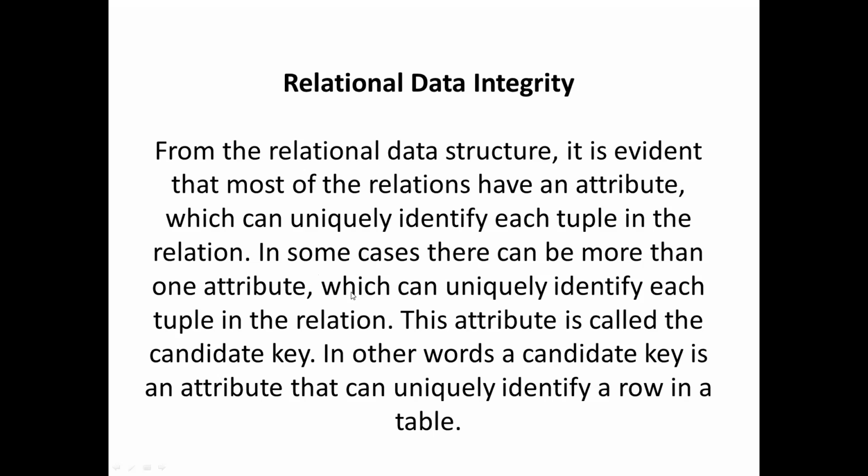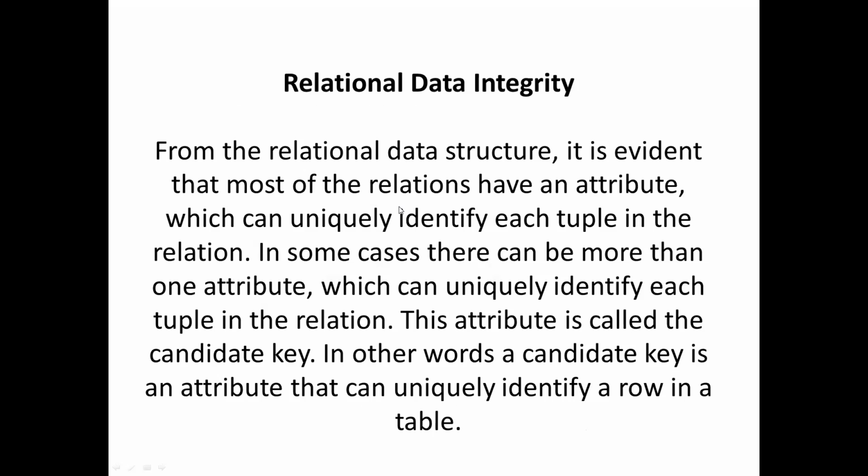In some cases, there can be more than one attribute which can uniquely identify each tuple in the relation. These attributes are called candidate keys. In other words, a candidate key can be an attribute of the table. This candidate key was explained in the previous class, or the class before, under different types of keys.